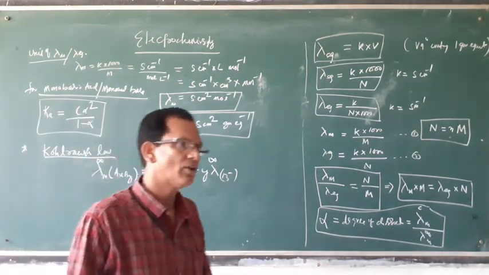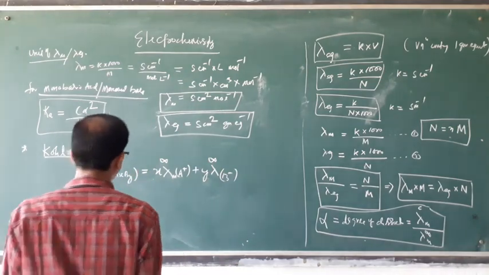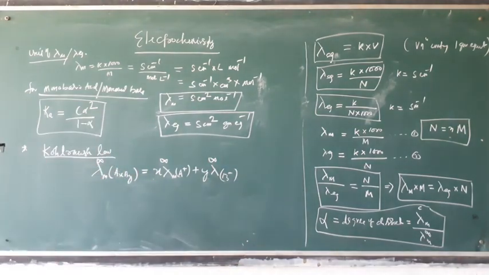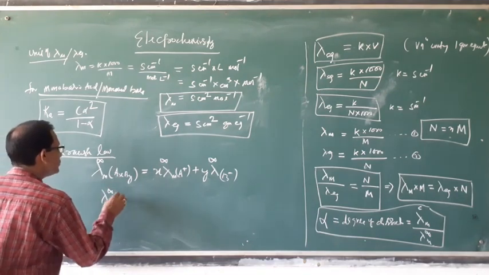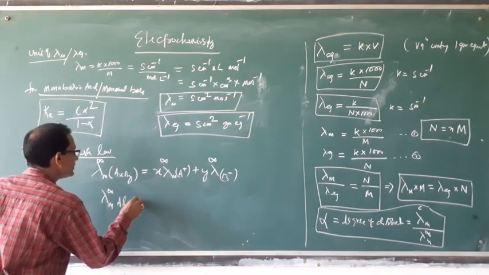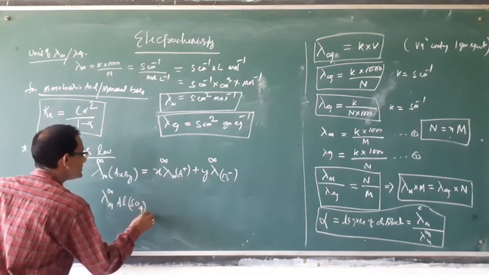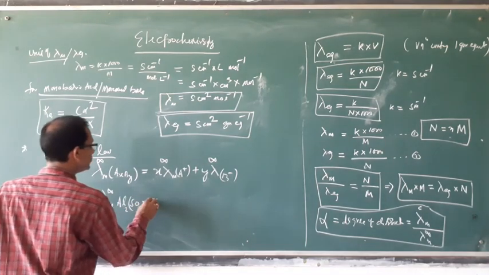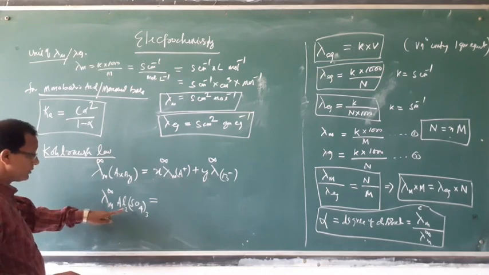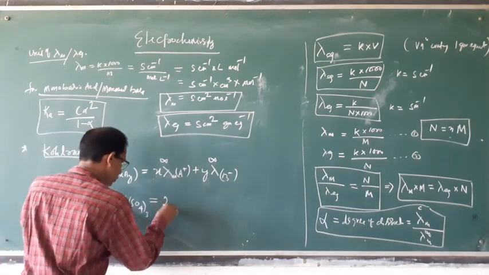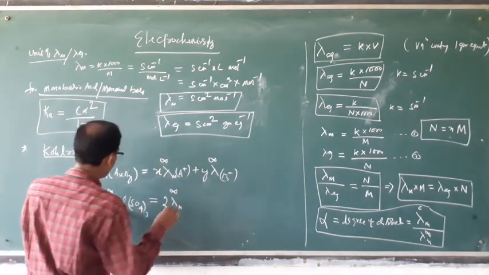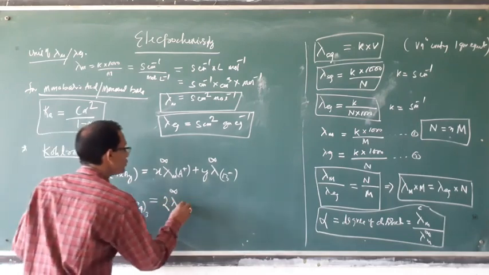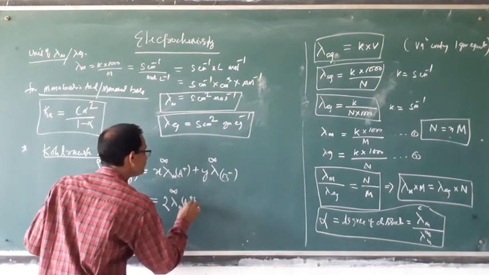Sum of the conductance. You already know the statement. For any electrolyte, let it be lambda m infinity of, suppose, aluminium sulfate. Formula is Al2(SO4)3, so it has 2 aluminium: 2 into lambda m infinity of aluminium ion. How many aluminium ions? 2.